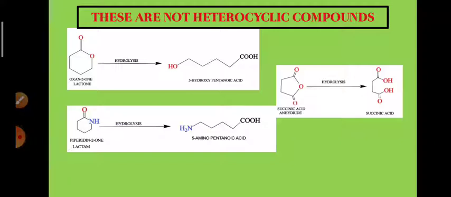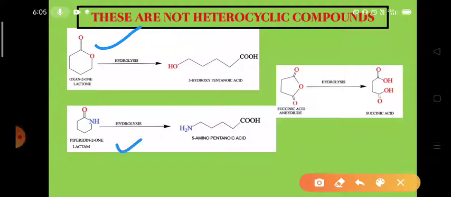So the unstable compounds which can be easily converted into open chain structures are not considered heterocyclic compounds. Examples for this category are lactones, lactams, and anhydrides.